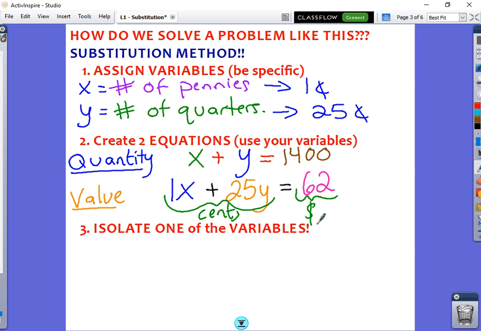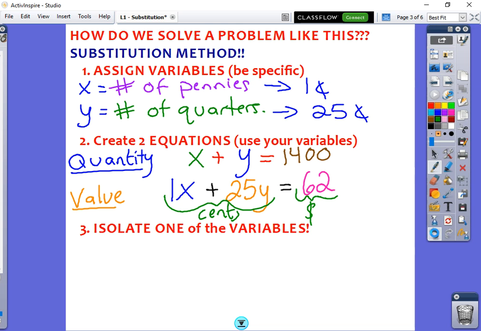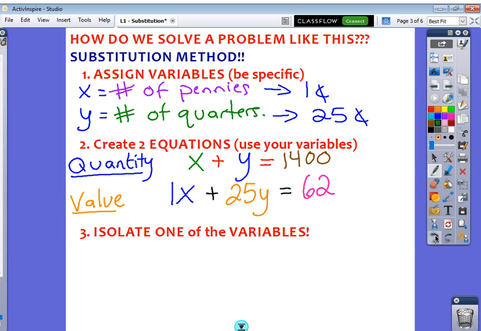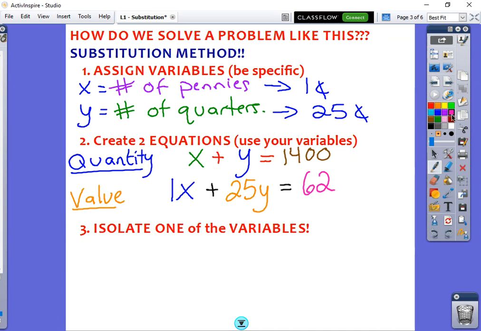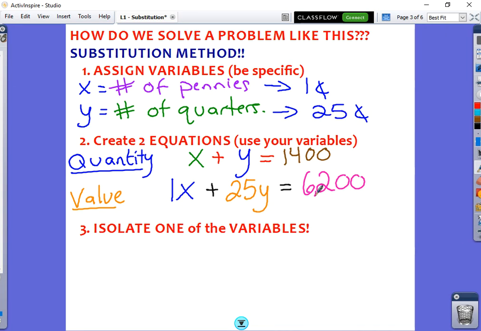There's a big difference between cents and dollars, so we have to stay consistent. Instead of writing down $62, let's convert $62 into cents. All we have to do is multiply that by 100, putting two extra zeros on the end. So now $62 is 6,200 cents.